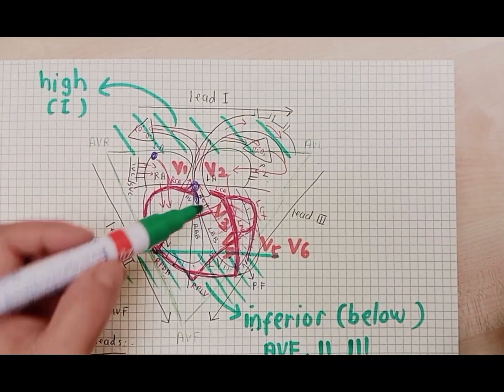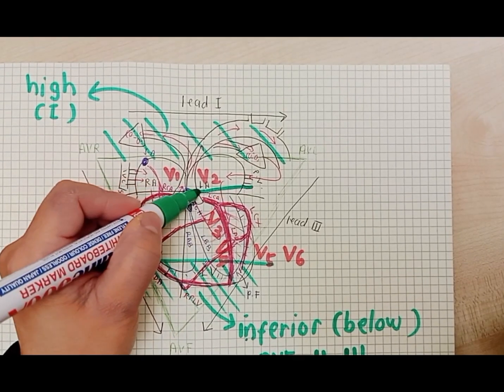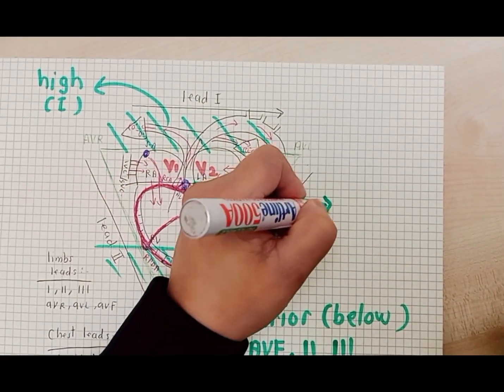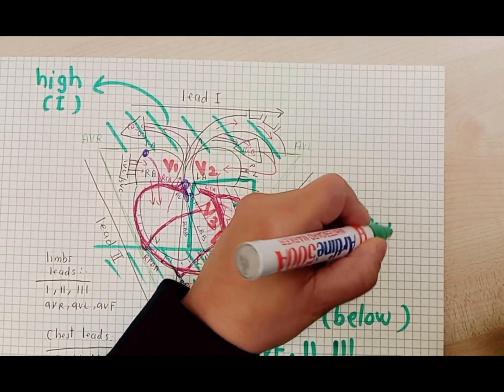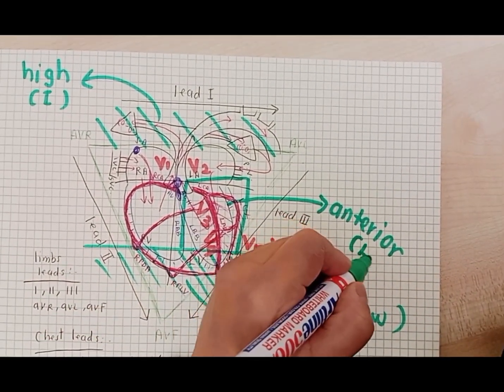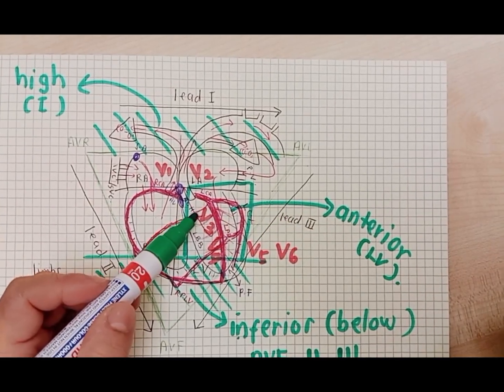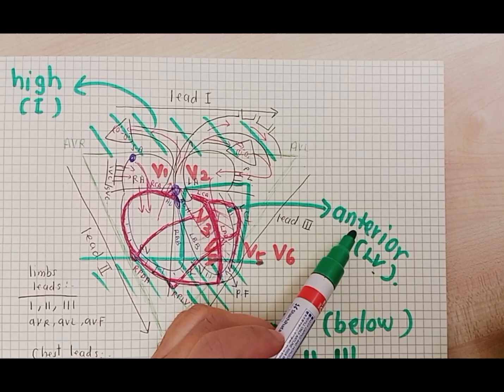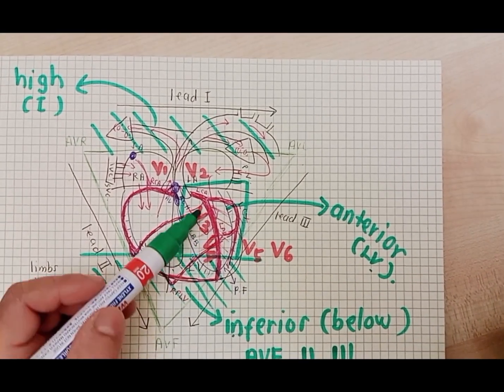So this is the anterior part, and the anterior part of our heart is the left ventricle. The leads that cover the left ventricle, showing the anterior part, are V3 and V4.